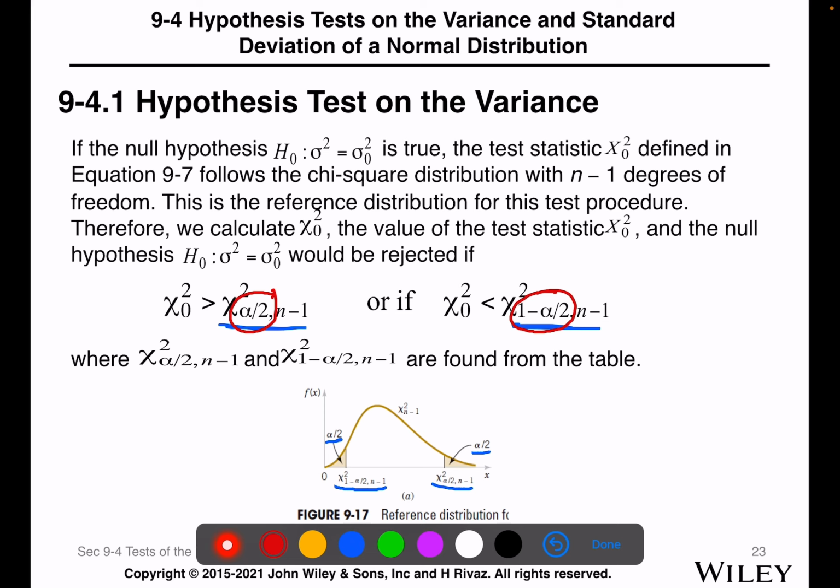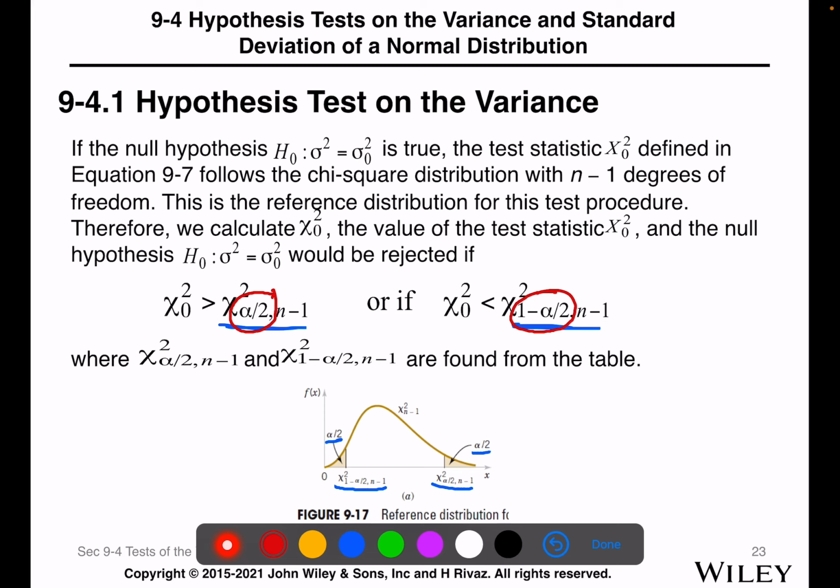This is different compared to the t distribution, right? And the reason for this is that the chi-squared distribution is not symmetric, right? Because it's not symmetric, we have to look at the values for 1 minus alpha divided by 2 and alpha divided by 2.